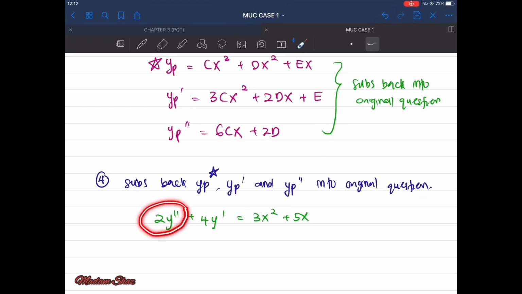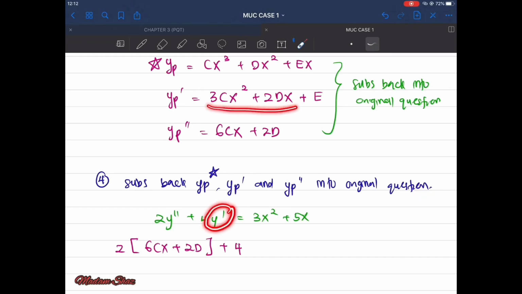So from this original question, you have to substitute back your YP star, YP prime and YP double prime. So 2y double prime, you have to substitute YP double prime. So that means 2 will be multiplied with 6CX plus 2D, plus 4y prime.